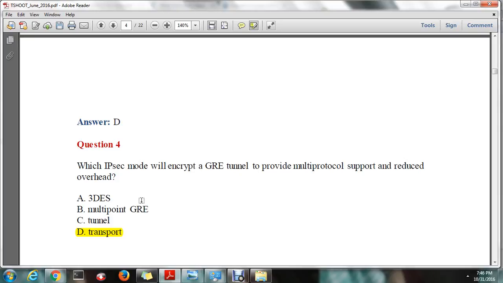The encryption will happen, you create the crypto map access list, then you have to configure the tunnel, everything. But transport mode is end-to-end encryption and it reduces the overhead. So if it is reduced overhead, this is the transport mode. If it is not reduced overhead, it will use tunnel mode.